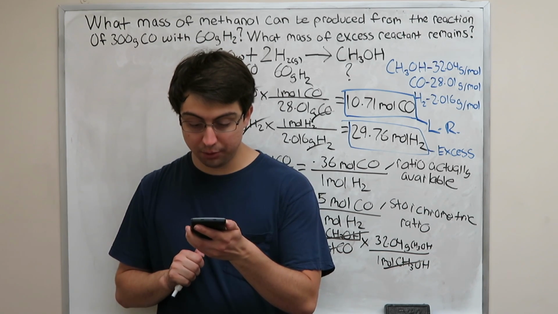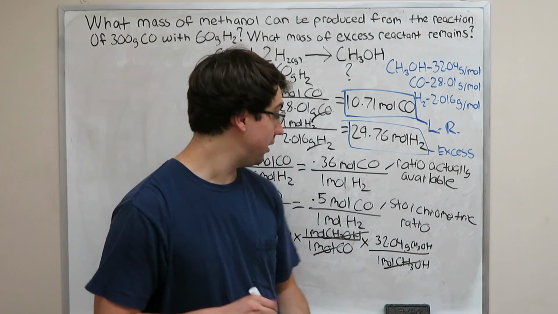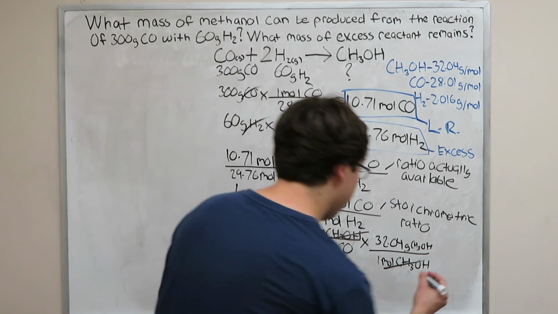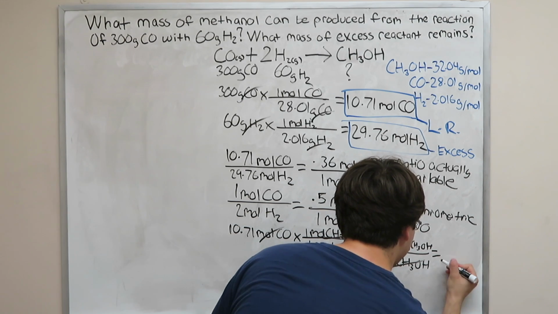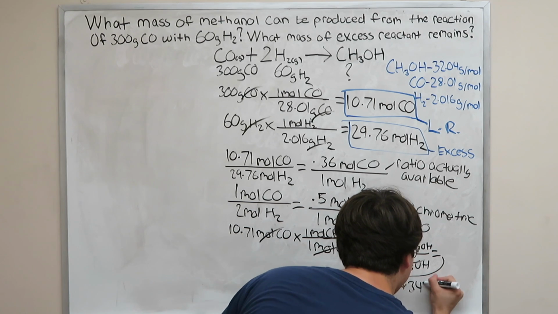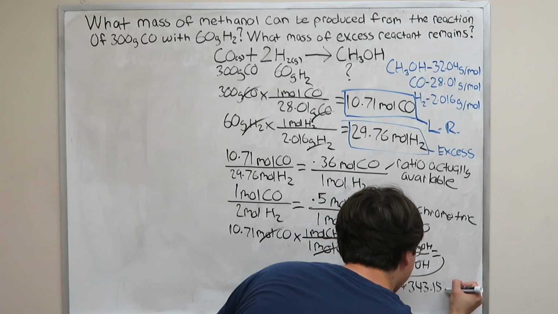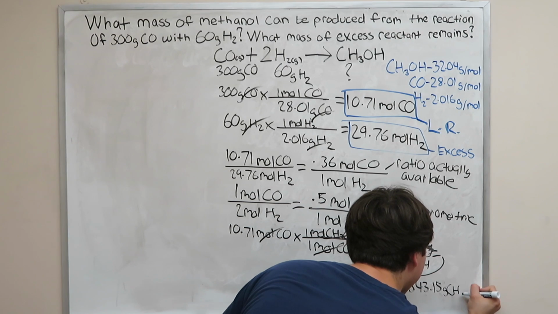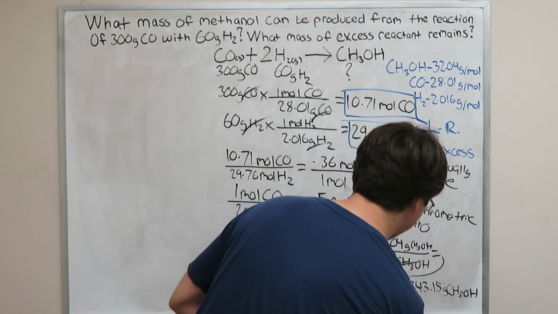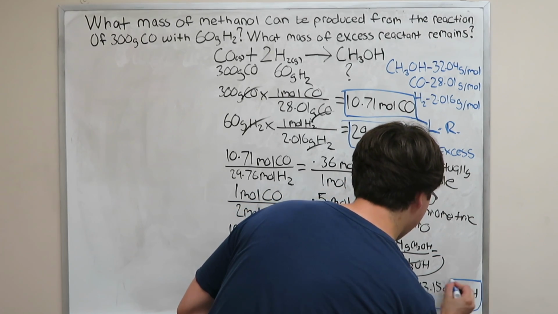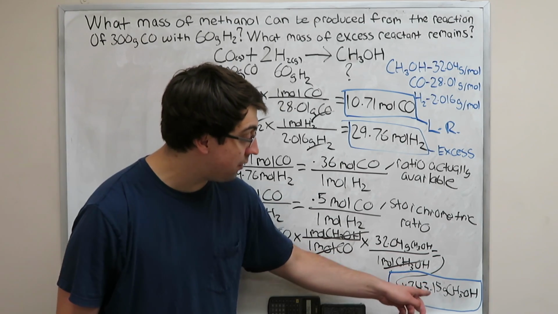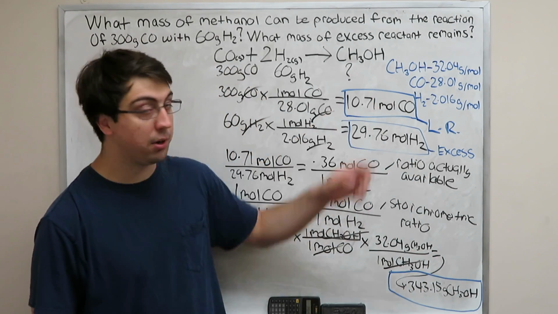We got 343.15. So here we can see that 343.15 grams of CH3OH can be produced.